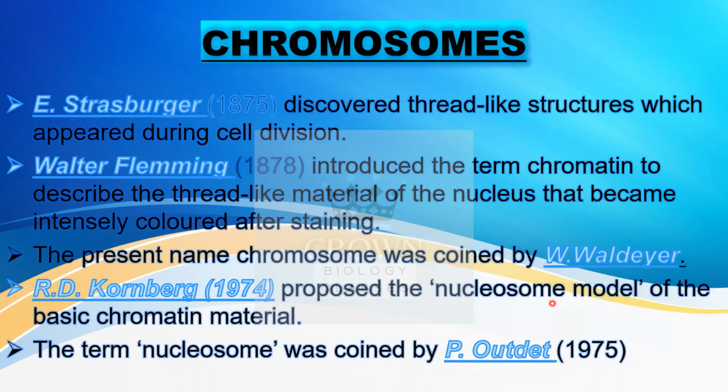It also further explains the exact mechanism of the folding of the DNA, how the DNA is folded and how it is present in the nucleus. And this nucleosome model is the most accepted model of chromatin organization. The term nucleosome was coined by P. Oudet in 1975.